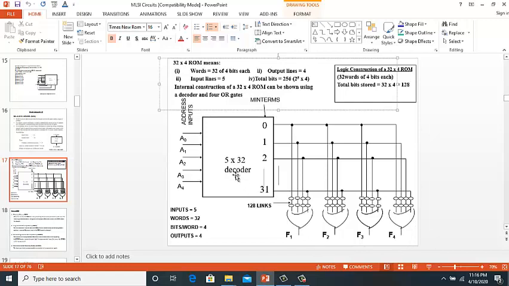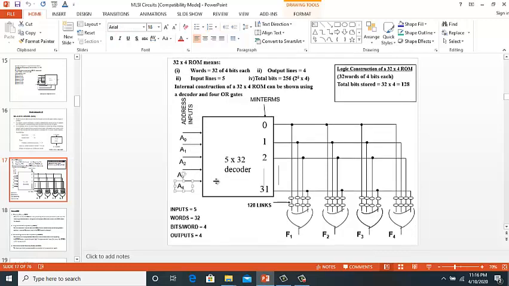And the number of words which are stored in this ROM can be seen from here, which is the inputs are 5, so 2 raised to power 5 is equal to 32. So this ROM can store 32 words, and each word will be 4 bits wide.